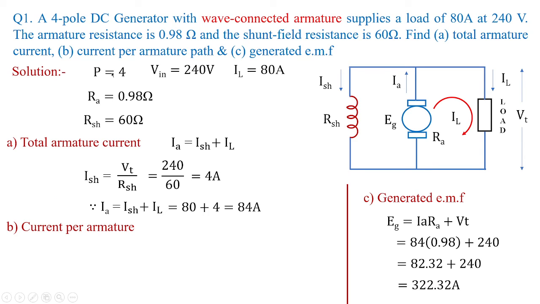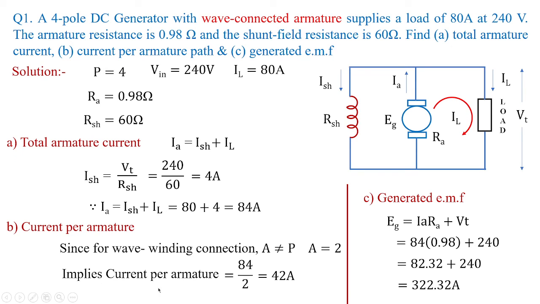Now if the same machine is having a wave connected armature, then the parameters which are not going to alter are these parameters. For wave winding, we are going to get the current per armature equivalent to 84 by 2, because here parallel path is not equivalent to number of poles.